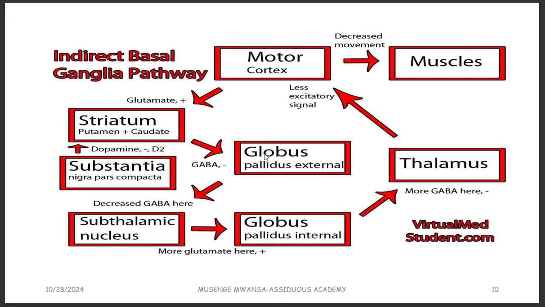Then the globus pallidus, because we have inhibited it, will not produce the GABA that is supposed to inhibit the subthalamic nucleus. With no inhibition on the subthalamic nucleus, it produces glutamate to stimulate the globus pallidus interna. The globus pallidus interna is going to produce its GABA. The GABA is going to inhibit the thalamus, and the thalamus is going to produce less of the excitatory neurotransmitter to stimulate the motor cortex, and so there is decreased motor movement.